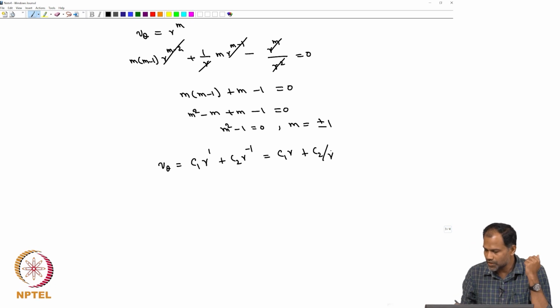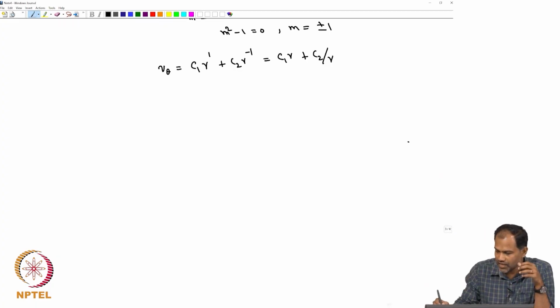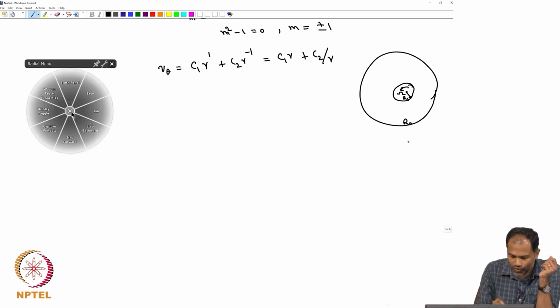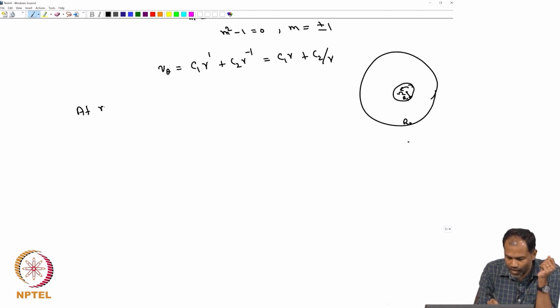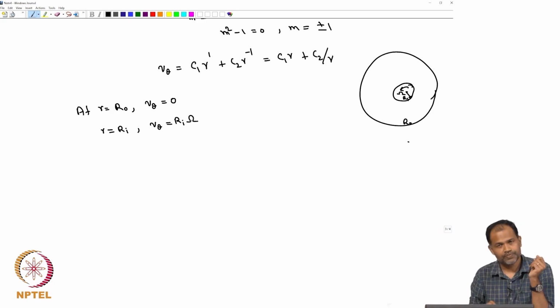c1 and c2 are two integration constants which we need to calculate, and we can calculate them because we know the boundary conditions. We have an inner cylinder that is rotating with an angular velocity omega. We have an outer cylinder that is static. The inner cylinder has a radius R(I), the outer cylinder has a radius R(O). So, we can say that at r equal to R(O), v theta is equal to 0, at r equal to R(I), v theta is equal to R(I) times omega.